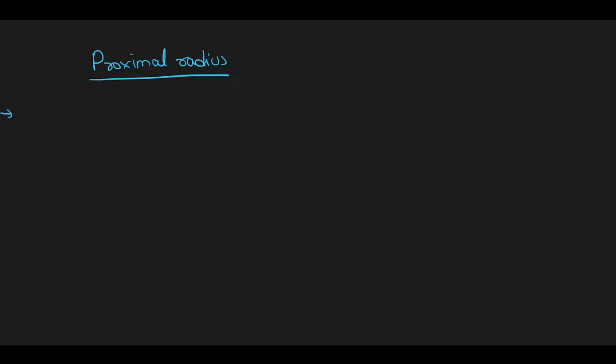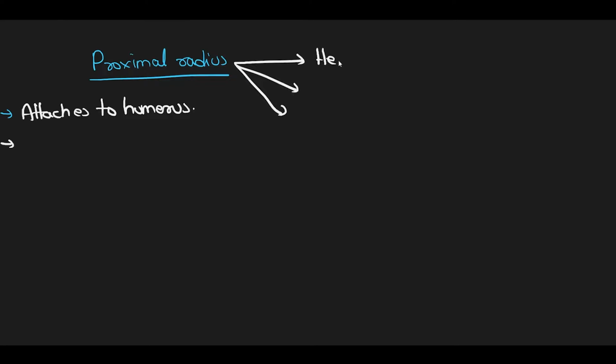Okay guys, so what is this proximal radius? This proximal radius is the proximal part of the radius which attaches to the humerus. This proximal radius is actually divided into three parts. So what are they? The first one is the head, second one is the neck, and third one is, actually I want to discuss a topic with you guys before telling you the third one.